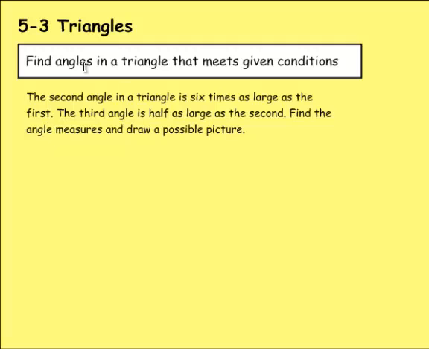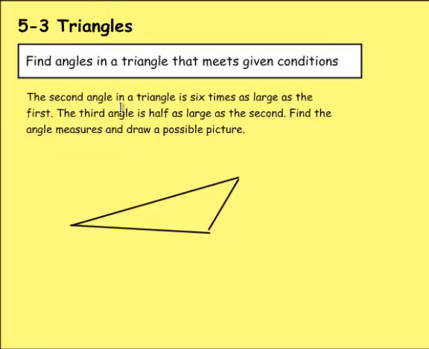Let's create something similar here. We actually have to figure out from the given conditions. So it says the second angle in a triangle is 6 times as large as the first. The third angle is half as large as the second. So if I'm going to draw out the triangle, it probably won't be correct at all as far as the angles go here, but when I solve it, I will have correct numbers.